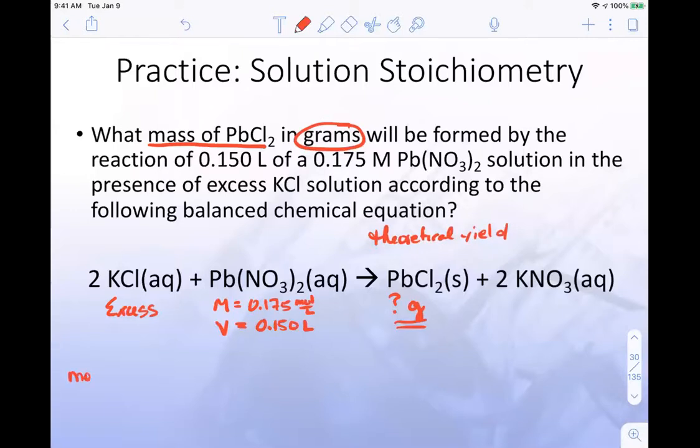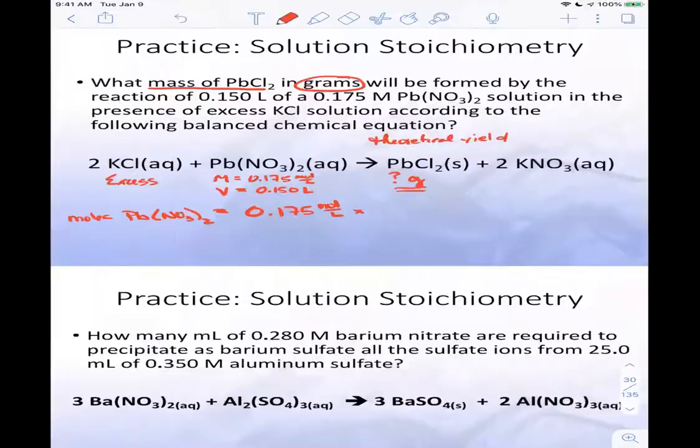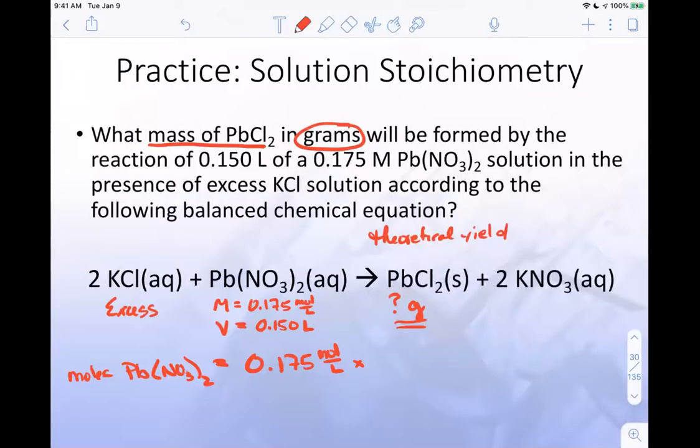I know I can get the moles of lead 2 nitrate if I take the molarity and I multiply it times the volume, which is 0.150 liters. Remember, liters will cancel, and what I get is moles here.